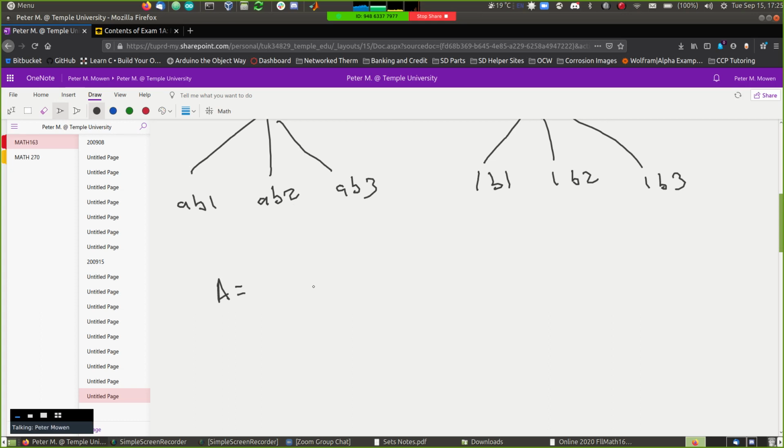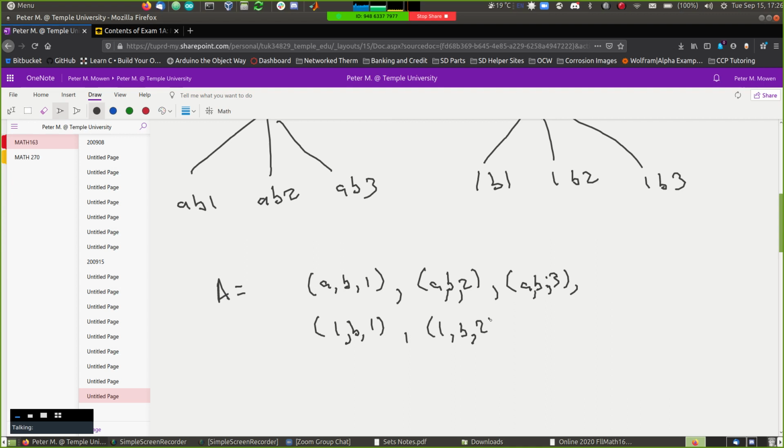So this would be AB1, comma, AB2, comma, AB3. Whoops, need some commas in here. Comma, 1B1, comma, 1B2, comma, 1B3.